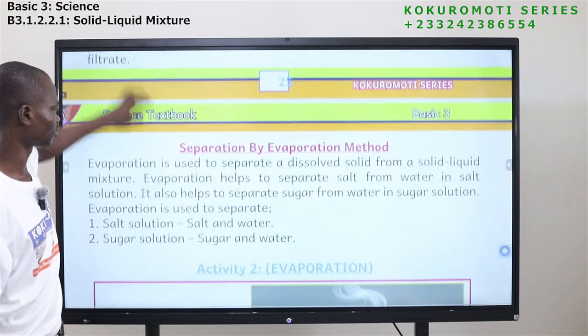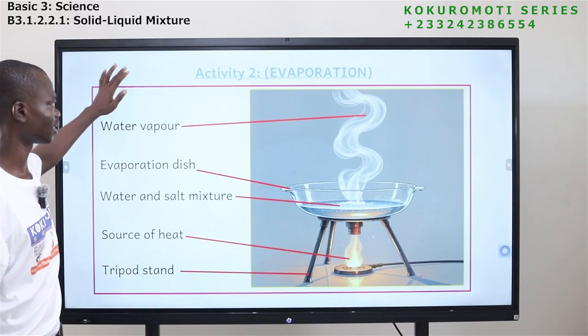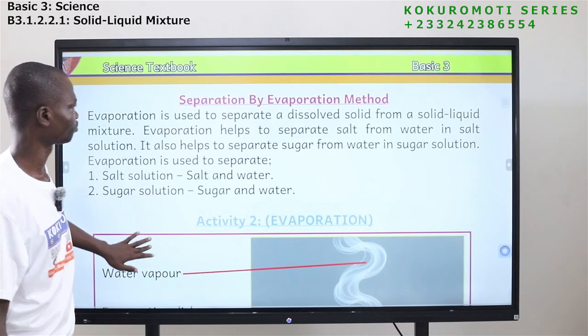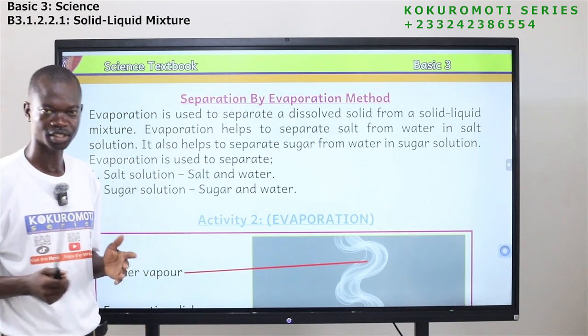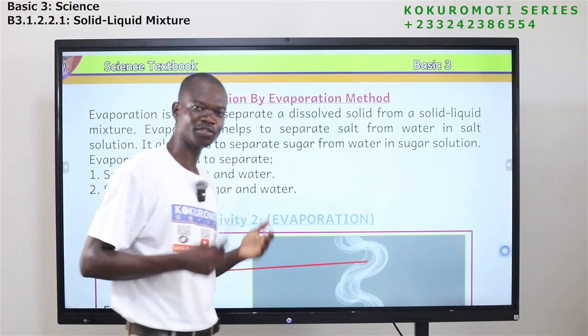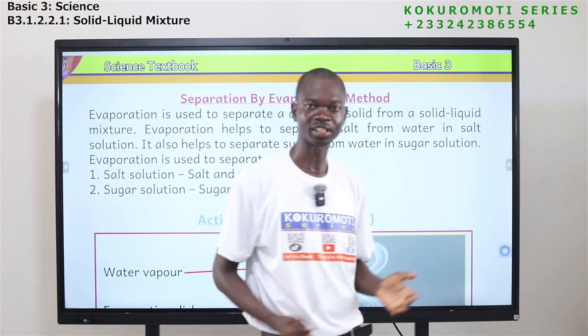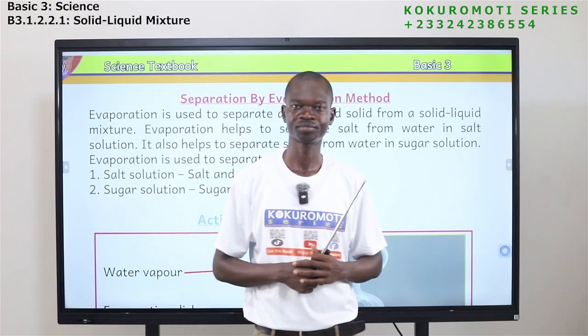Now let's come to another method. We call this method evaporation. Separation by evaporation. Separation by what? Evaporation. What is evaporation? If today is the first time that you are hearing the word evaporation, then listen to me.